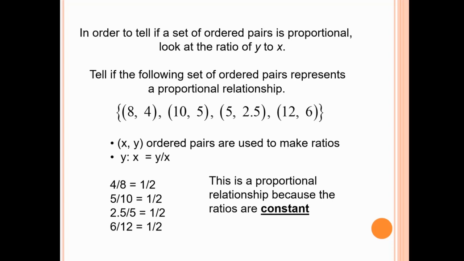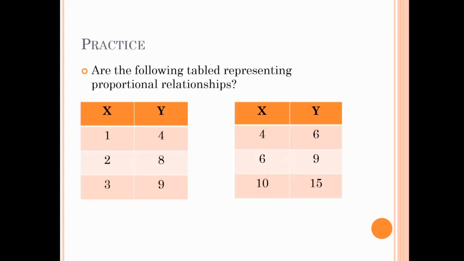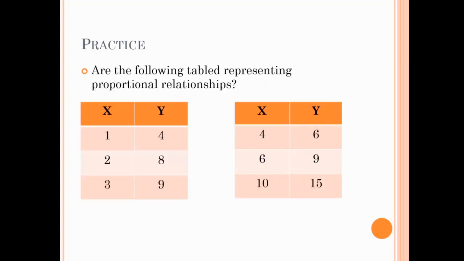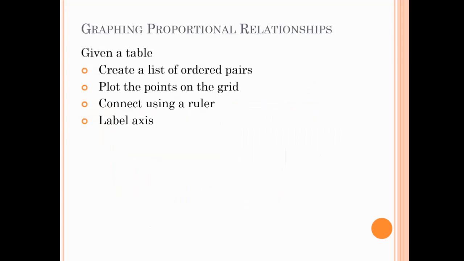To make it simpler, I advise you to make your ordered pairs into a table, which will make it a lot easier because you can do what we did here. We can solve whether it's proportional or not. So let's move on.